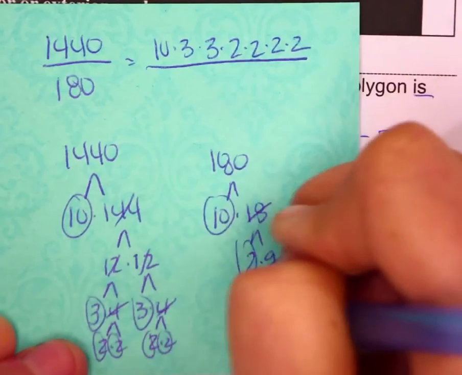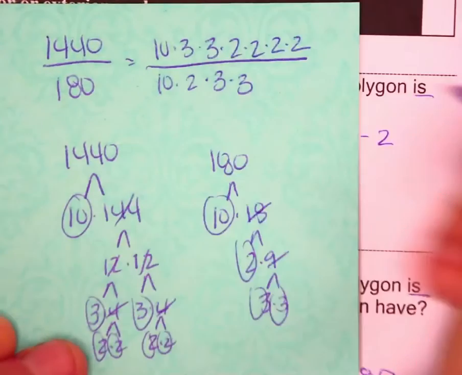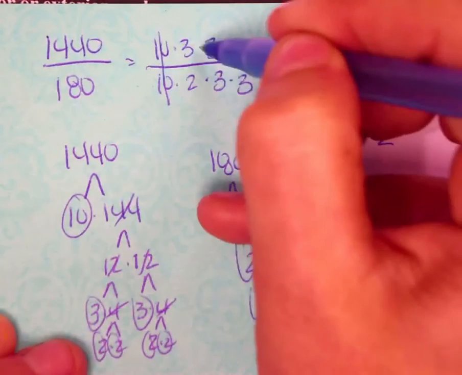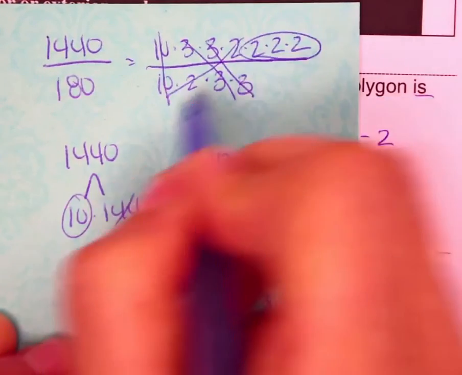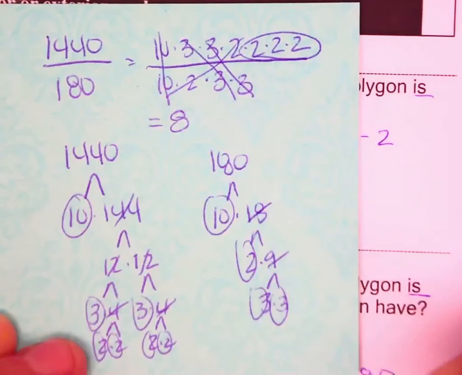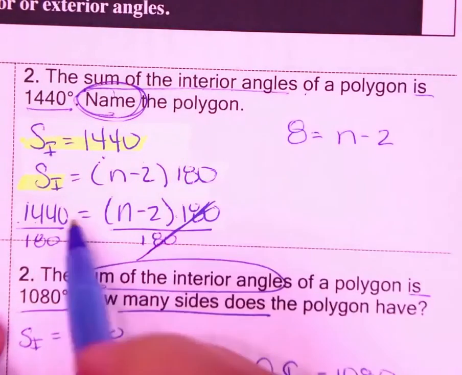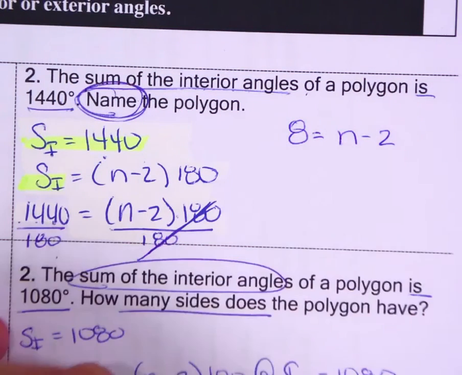It's 10 times 2 times 3 times 3. Anything divided by itself is 1. So we're left with 2 times 2 times 2, which is 8. 1,440 divided by 180 is 8.